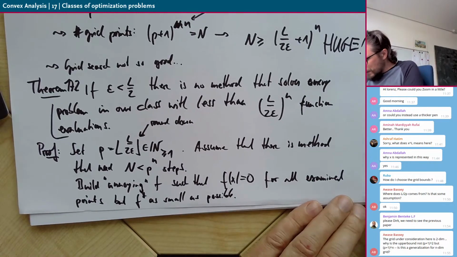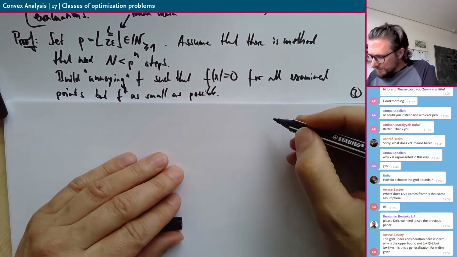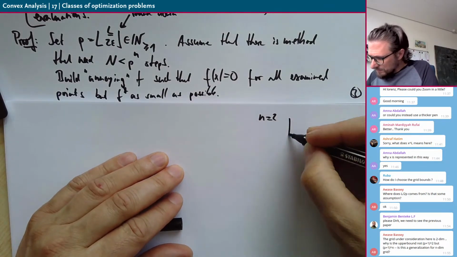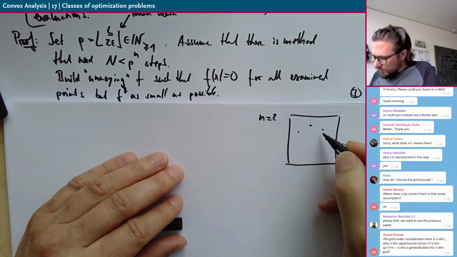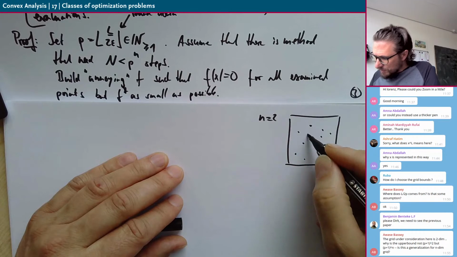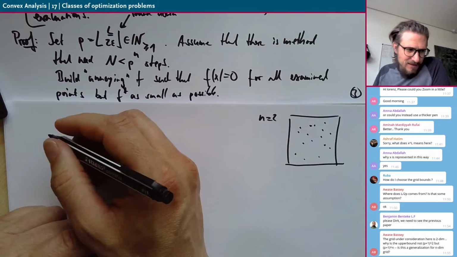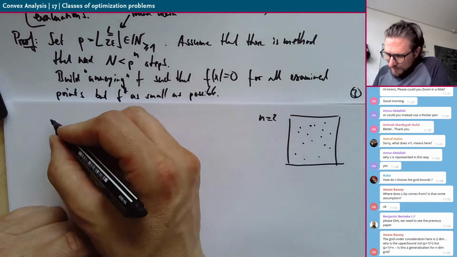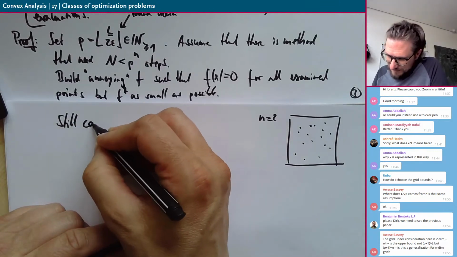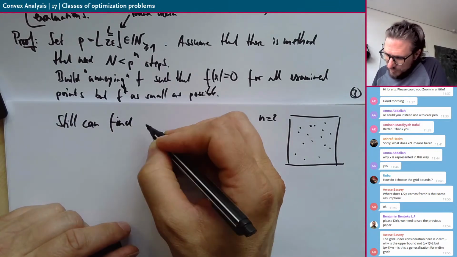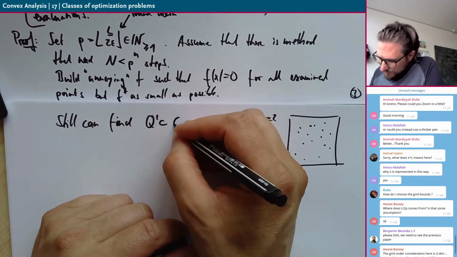Okay, how can we do that? Again, I draw a two-dimensional picture, so for n equals 2, and then we just have a lot of query points here. These are all the points which our method has tried. But we still can find a small cube, Q prime, inside of Q.